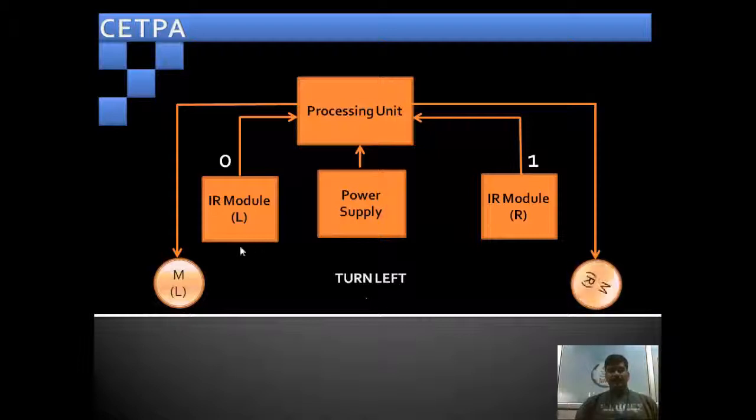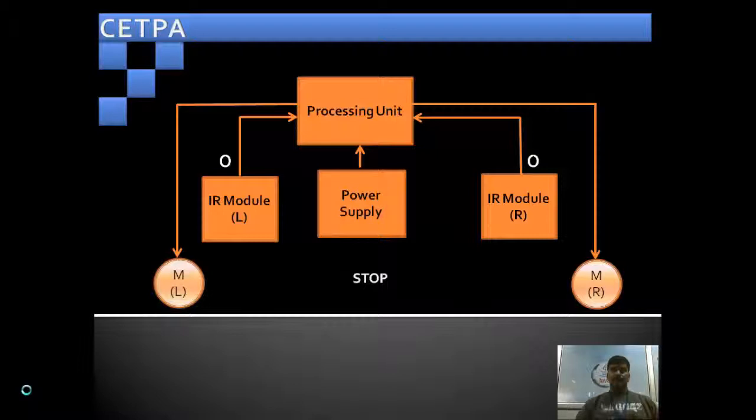When the left IR sensor gives 0 and the other gives 1, only one motor moves forward and the other stops, so the robot moves in the left direction. In the last case, when the right IR sensor gives 0 and the left IR sensor gives 1, the robot moves in the right direction, because the left motor is rotating and the right motor is stopped.